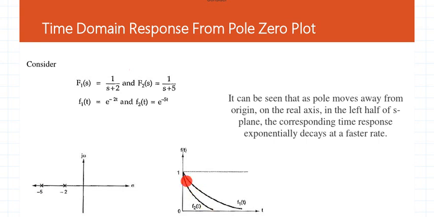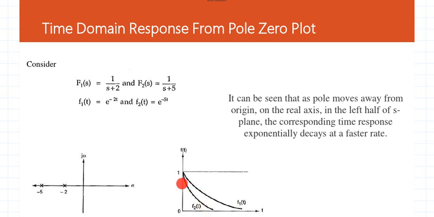It decays much faster because there is a larger sigma value involved, and a larger sigma value corresponds to higher attenuation of the signal. Therefore, the pole closer to the j omega axis decreases at a slower rate, but the pole corresponding to a higher value decays at a much faster rate.